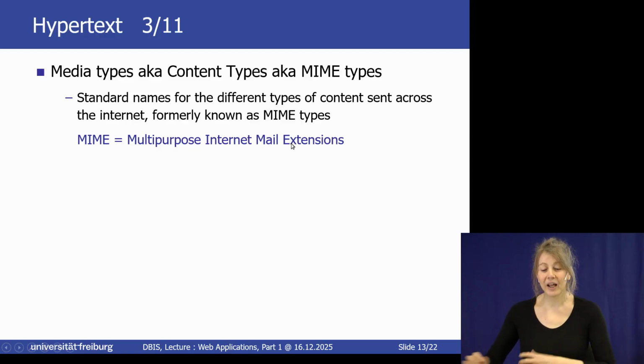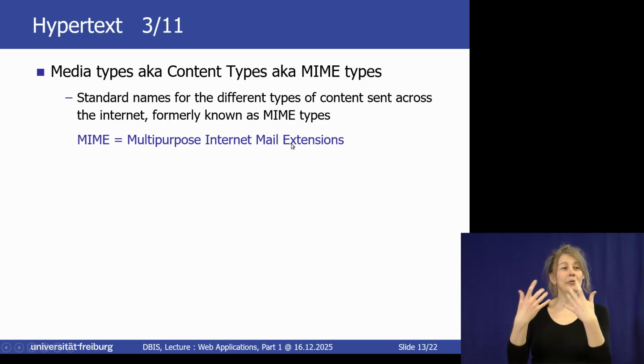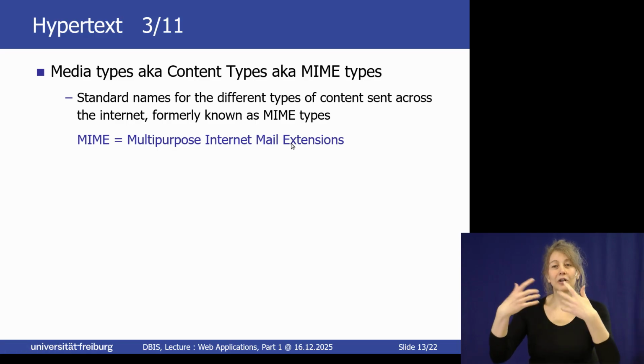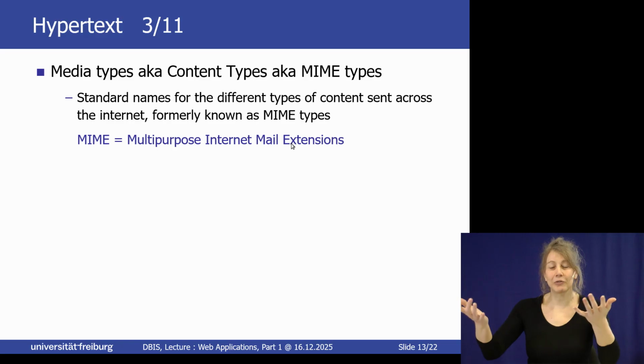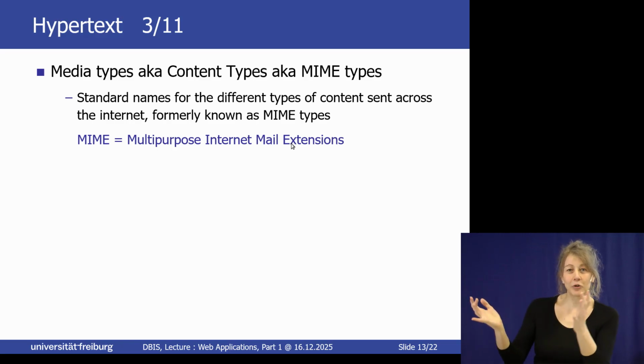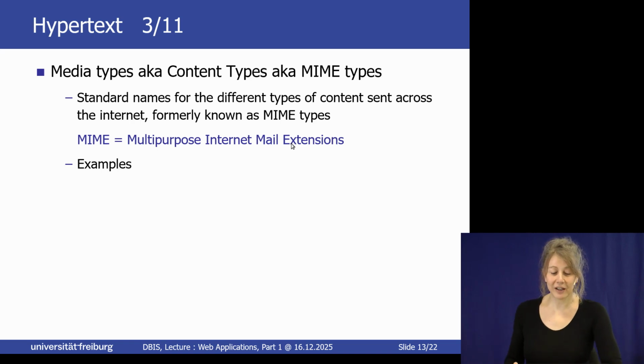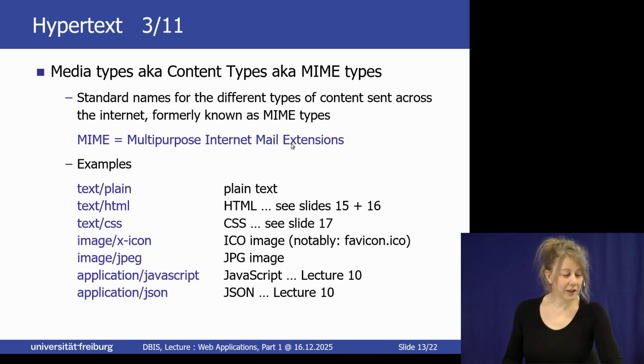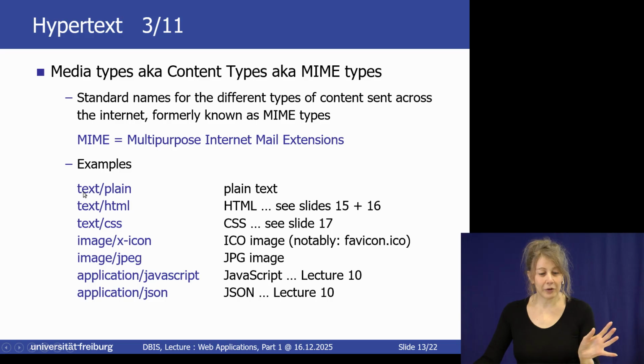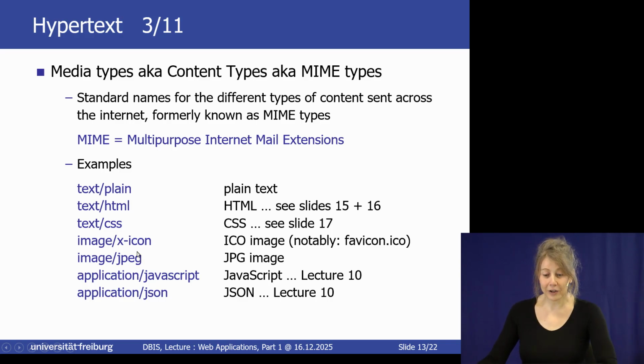multi-purpose internet mail extensions. When you send mails on a low level, you also just send bytes, but you have to tell the program, oh, this is actually a PDF, this is a text message, this is an image, whatever. Here are some examples. You could say this is text, HTML, we will talk about it in a second. This is an image, this is JavaScript. There are hundreds of them.